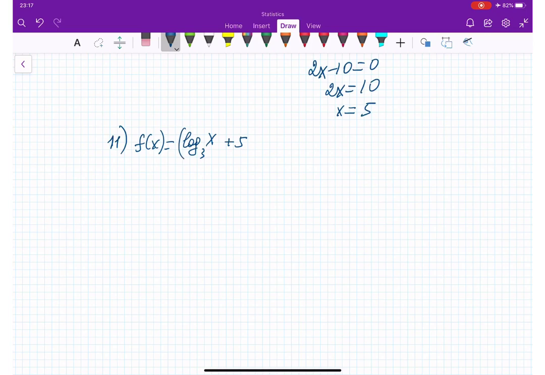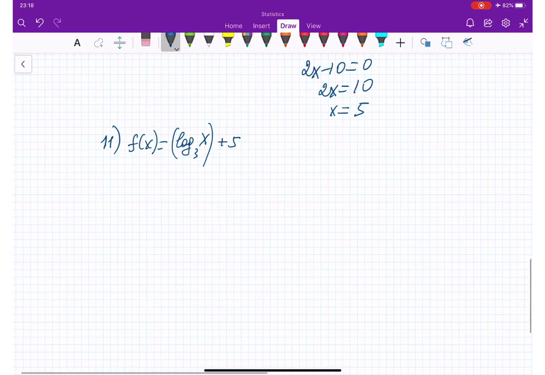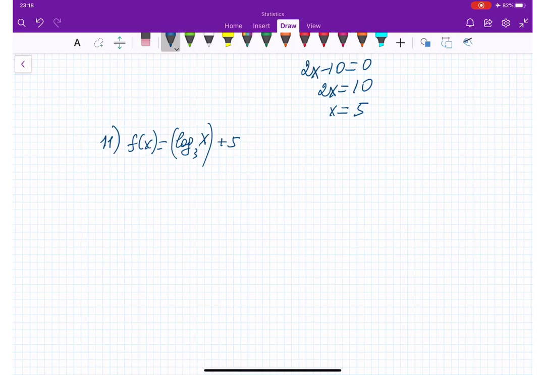How are we going to do that? Well, there are two ways. I can build the log x by base 3 graph and then take this graph and move it up by 5 vertically, or I can build it by points. Okay?